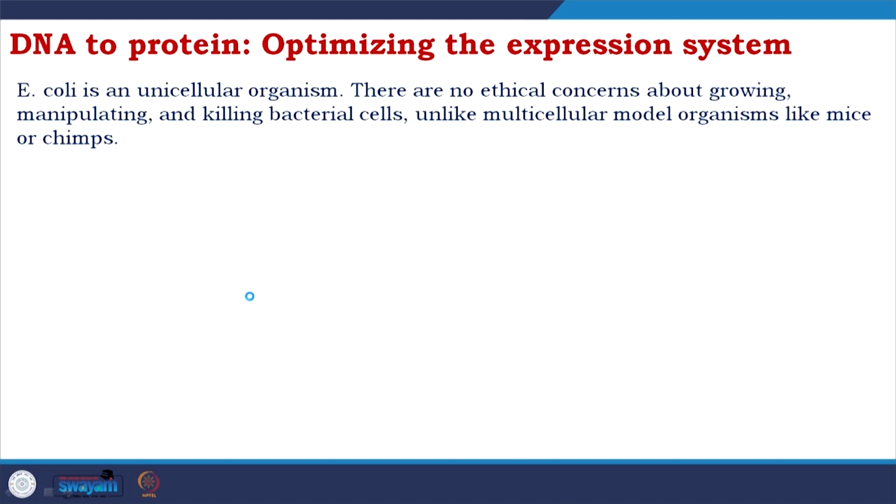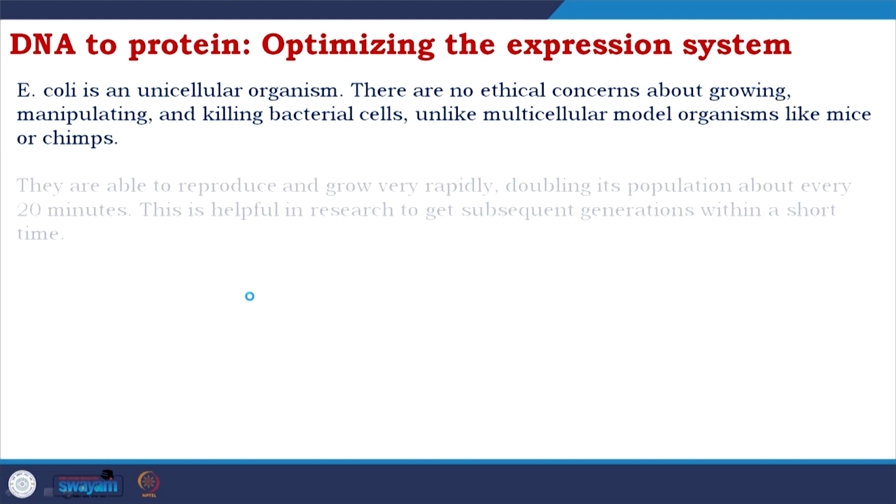When it is bacteria, the handy choice is E. coli. Why? Because E. coli is a unicellular organism, pretty well known, well studied. There are no ethical concerns about growing, manipulating, killing bacterial cells, unlike when you do it with mouse or chimpanzee or higher organisms.